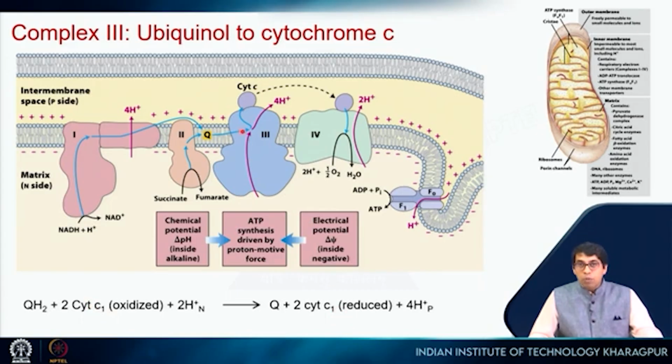So cytochrome C1 is a cytochrome which is part of complex 3, and cytochrome C is a soluble protein which will shuttle between these two complexes 3 and 4. Okay. And while this happens, 4 protons are again pumped out from the N side to the P side, right? So 4 protons from this matrix or the N side will be pumped out into this intermembrane space, which is the P side.